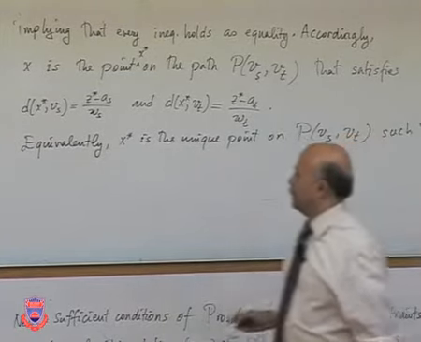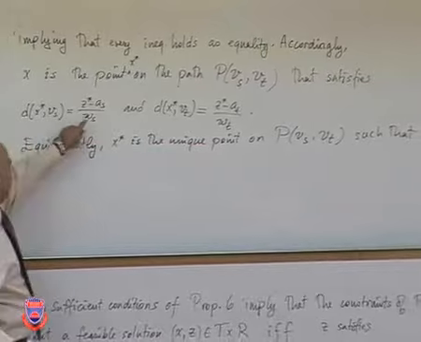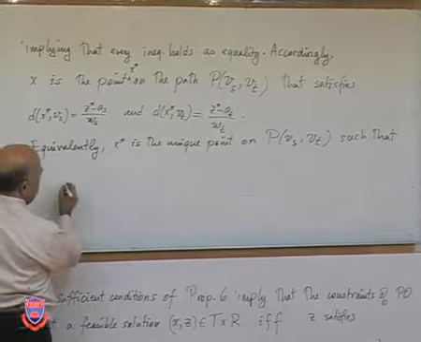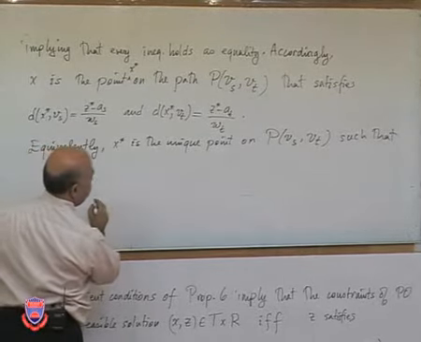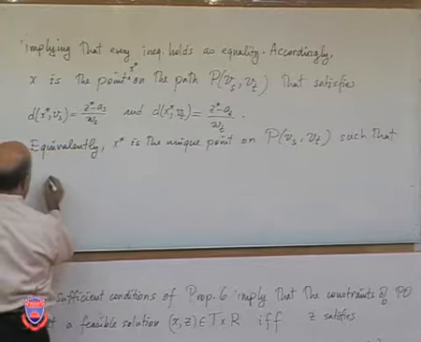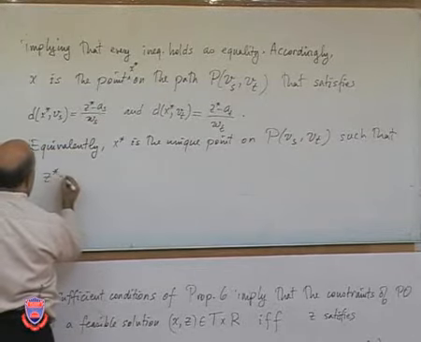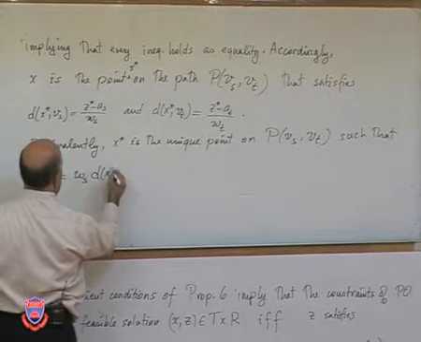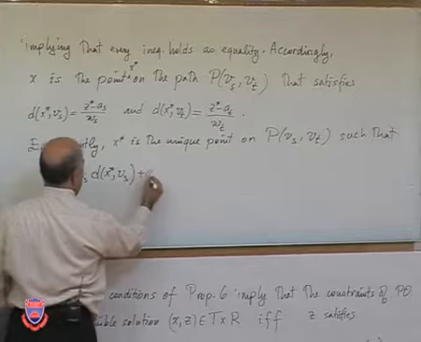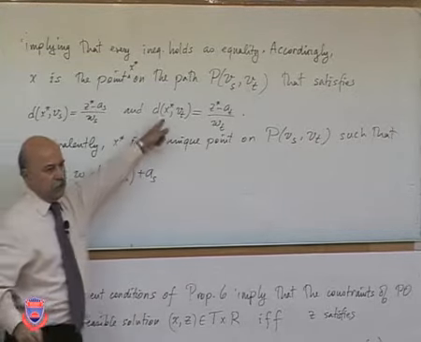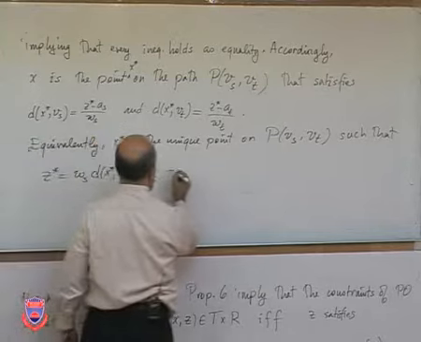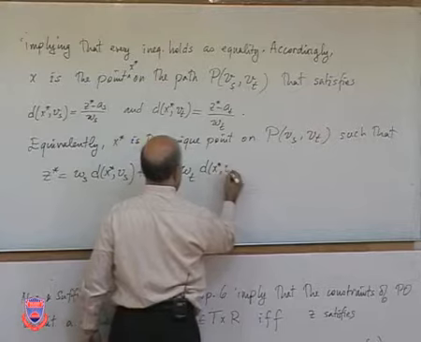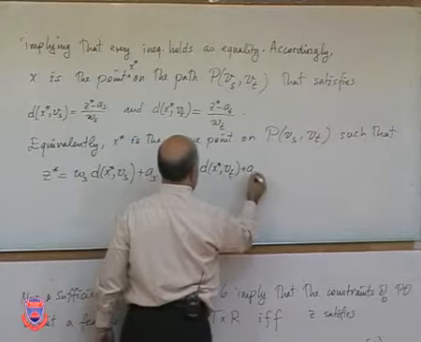So the equivalent way of saying this is if you just multiply the weight with the distance and add the addend, we're talking about x star being the unique point on the path such that z star is equal to Ws dx star Vs plus As. And the second one gives you the same thing, so z star is also equal to Wt dx star Vt plus At.